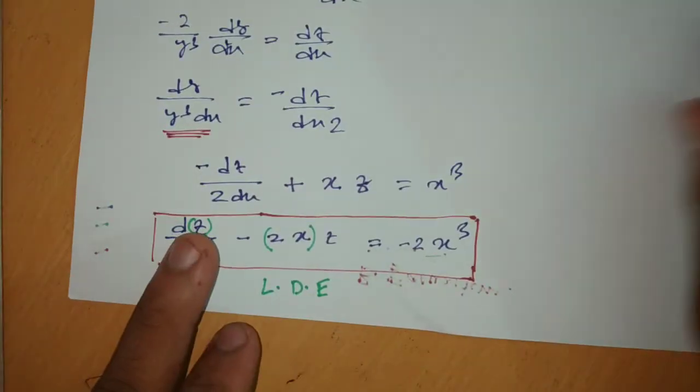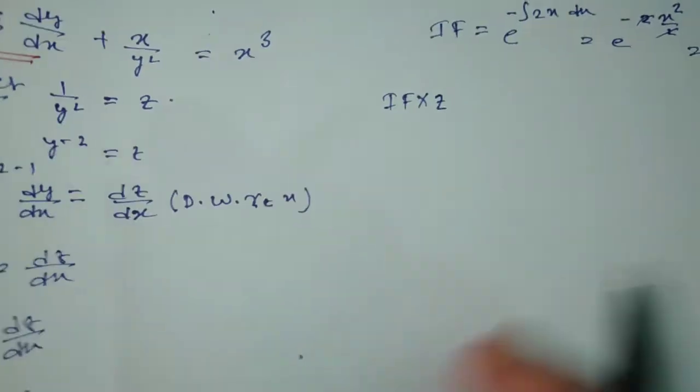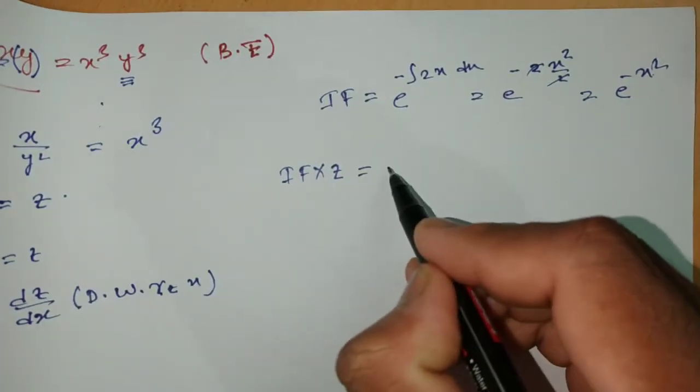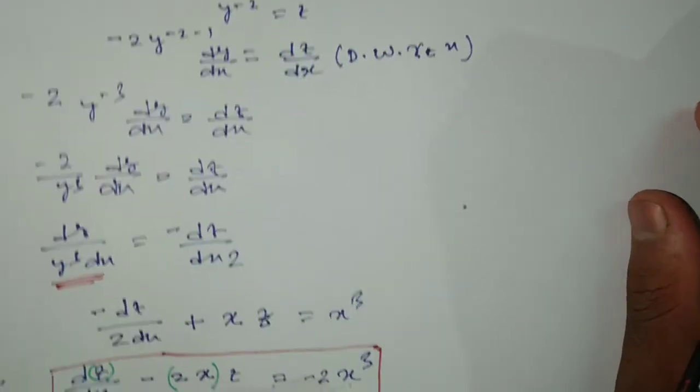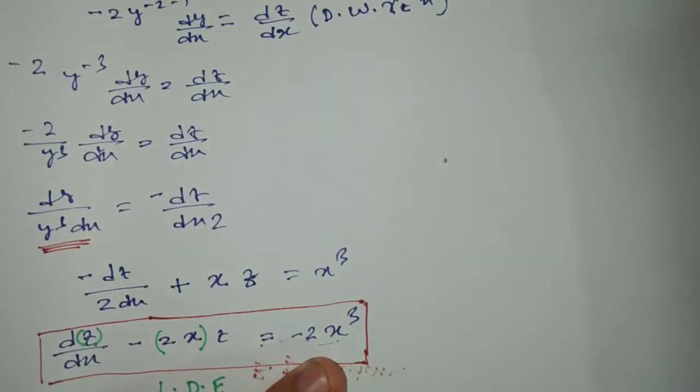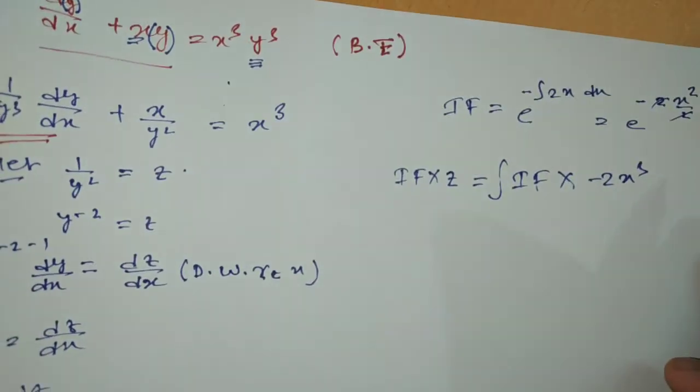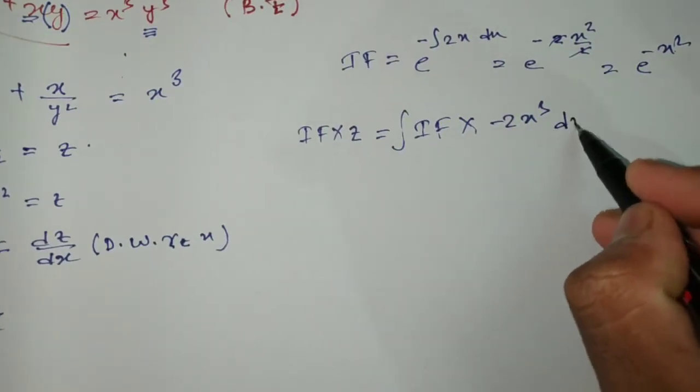IF into z equals integration of IF into Q, where Q is minus 2x cube, dx plus c.